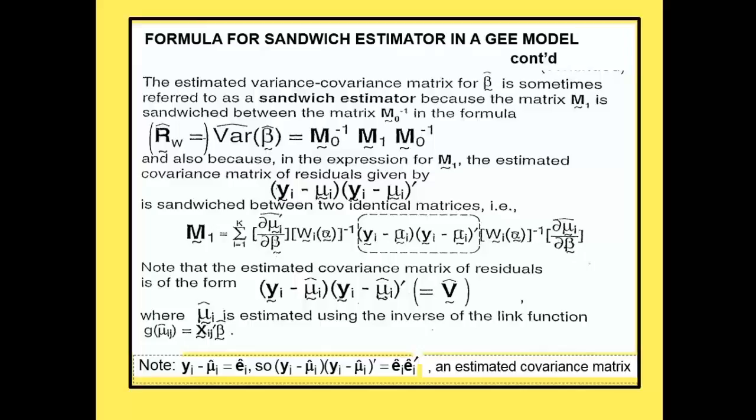So it involves both of them. That's why it's called a sandwich. I mean, it's not why it's called a sandwich. It's a sandwich simply because the left side and the right side are the same thing. But it's an estimate that allows for taking into account the fact that you may have chosen the wrong correlation structure, because it's putting into this estimate something that doesn't assume you're using the working correlation structure. That's why it works. Okay.